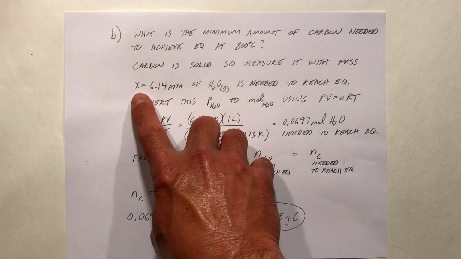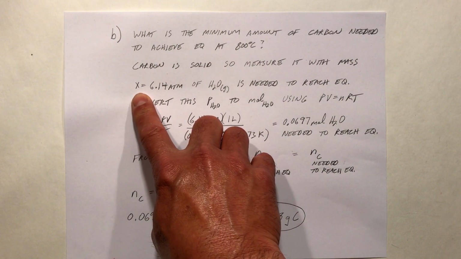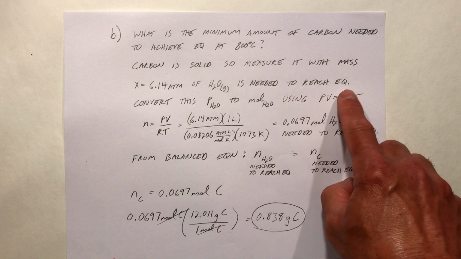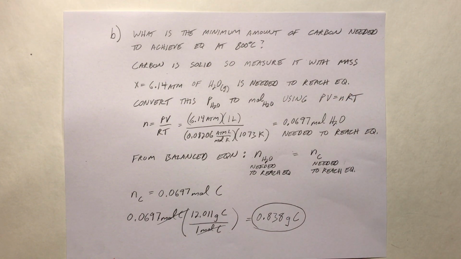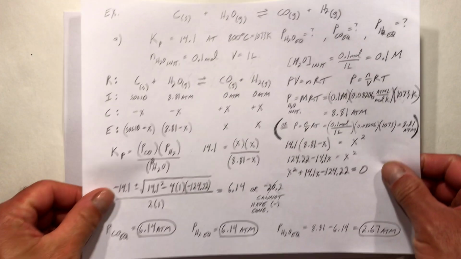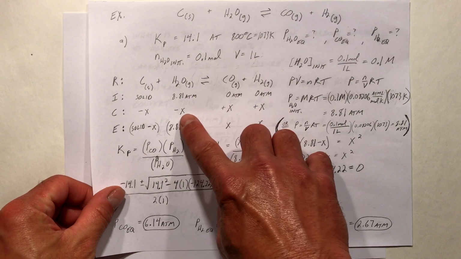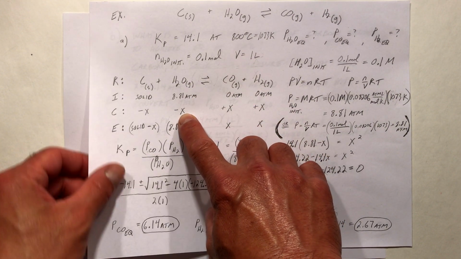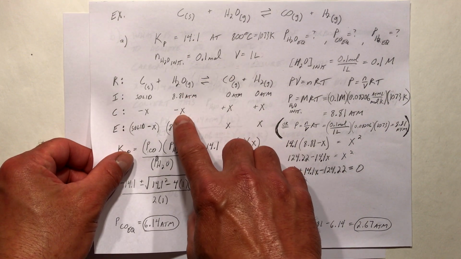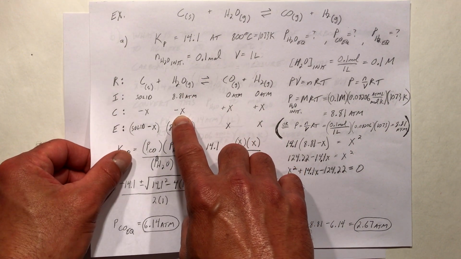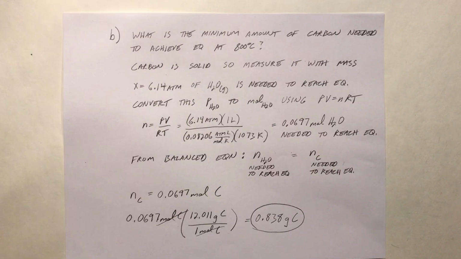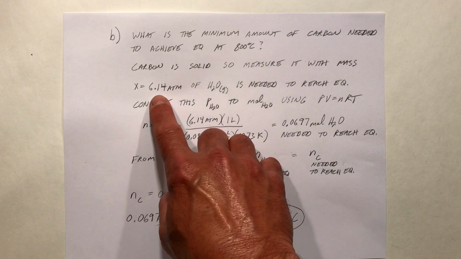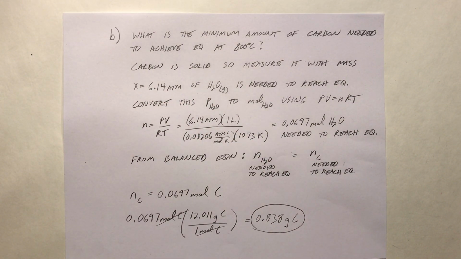So we know that x, the amount of water that was needed to reach equilibrium, we could see that from this ICE table, right? That this gaseous water that was needed to reach equilibrium was x. So we had to decrease the amount of water by x amount. That was the amount that was needed to reach equilibrium, 6.14 atmospheres.